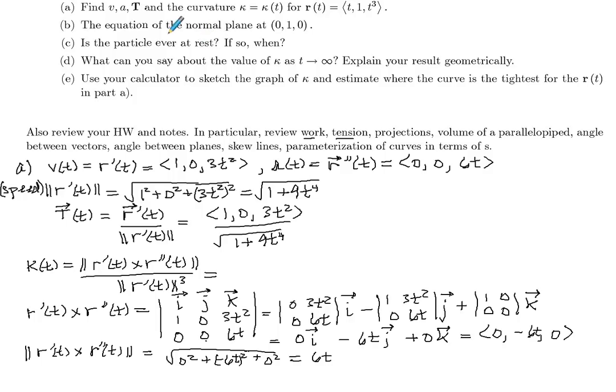We're not given values of t here, so this is going to be 6t for t greater than 0. For right now, we'd have to be assuming that t is greater than 0. If not, then we just have to leave it as the square root of 36t squared.